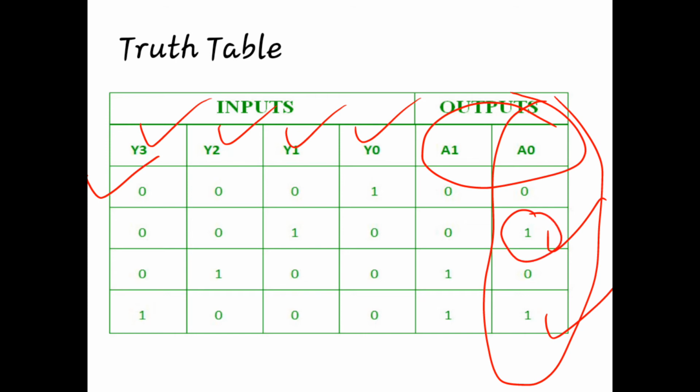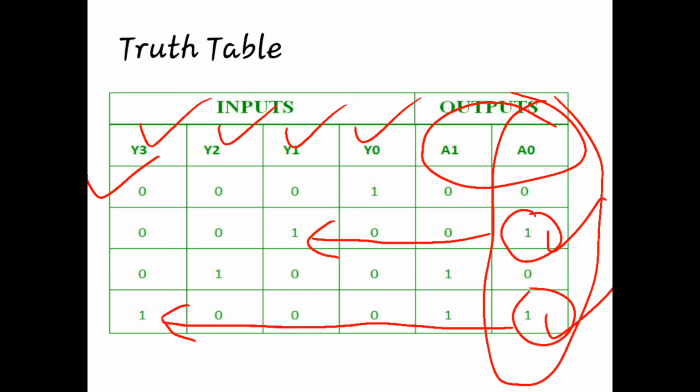Corresponding to these high values, let us observe which input variable is making it high. A0 is high in two cases, and those are with the y1 variable and y3 variable.